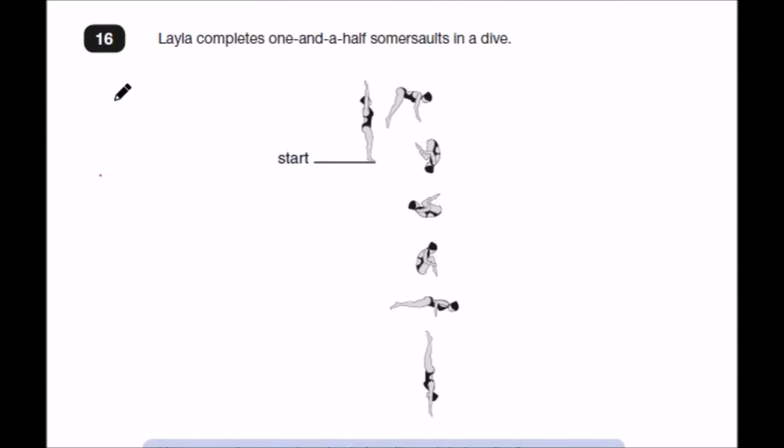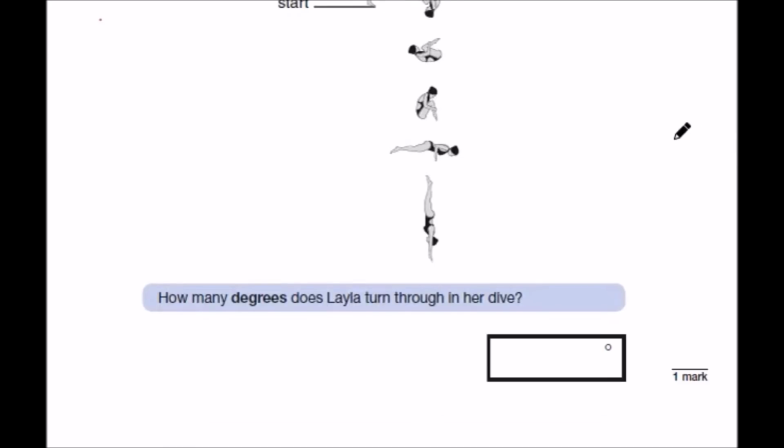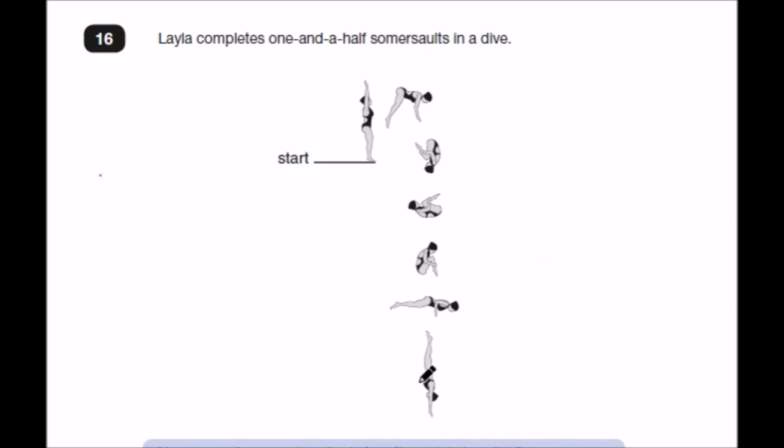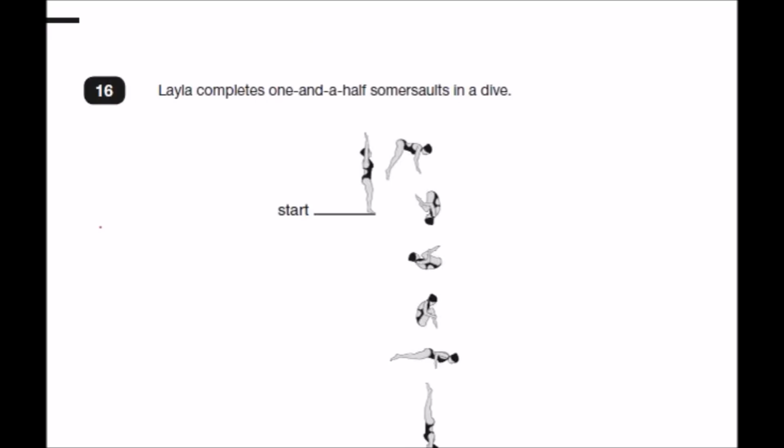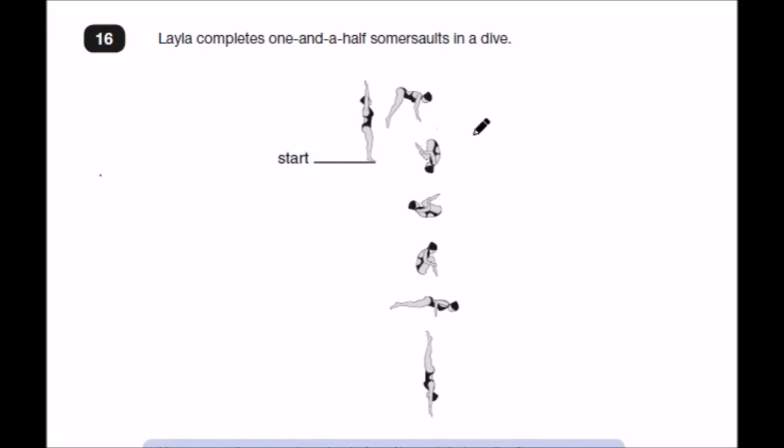Okay, question 16. Layla completes 1.5 somersaults in a dive. How many degrees does Layla turn through in her dive? Well, think of it this way. She starts over here, facing upwards. Then throughout her journey, she faces downwards, so it'll be something like this.